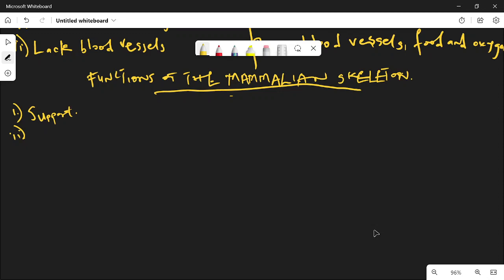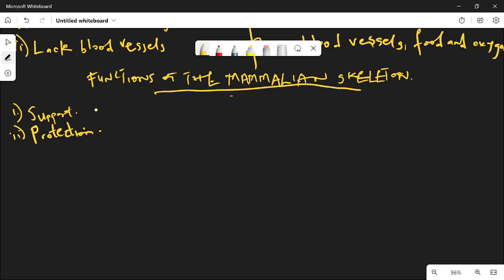Number 2, protection. Now, let us imagine that the body of an organism does not have the skin and the bones that make up the skeletal system, to cover the internal organs of our body.